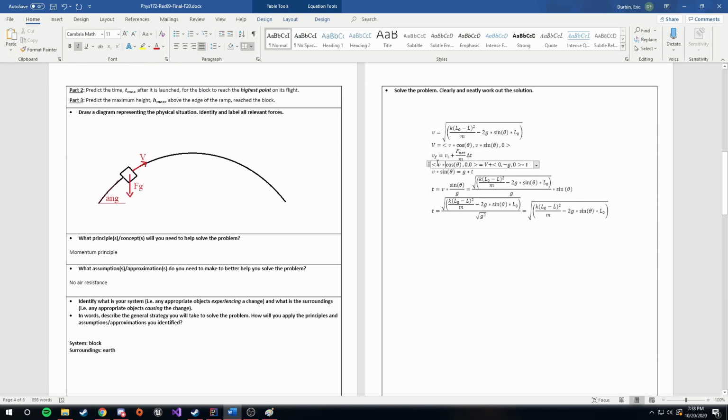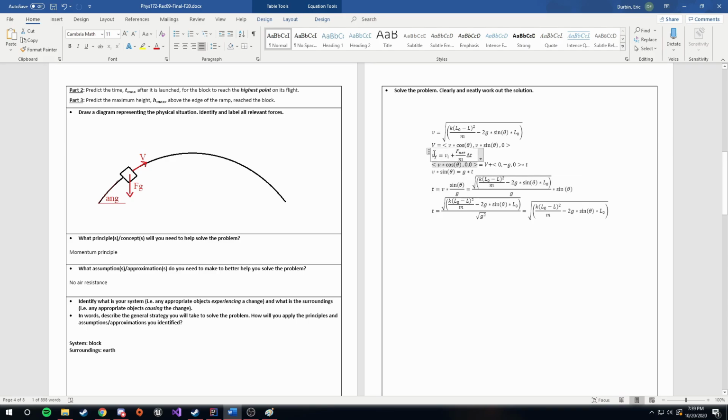Okay, so from this step, we know our final velocity at the peak is going to have a y velocity of 0. I split the vector components into 3 parts, x, y, and z, except x is going to be 0.